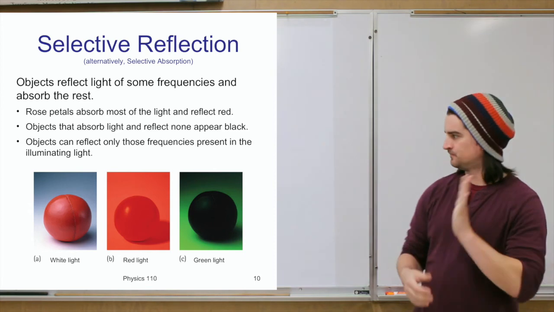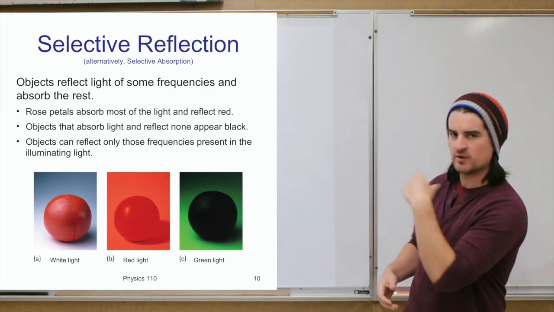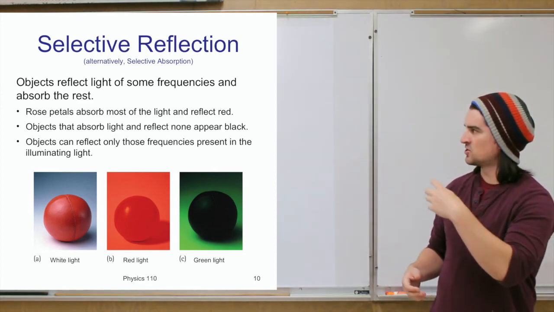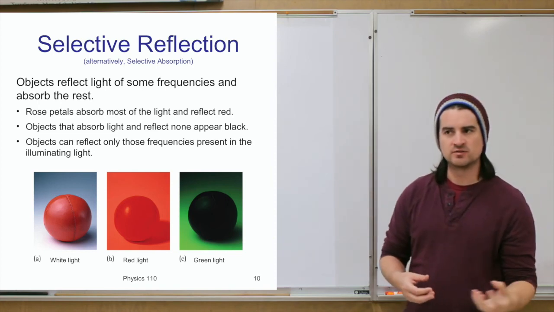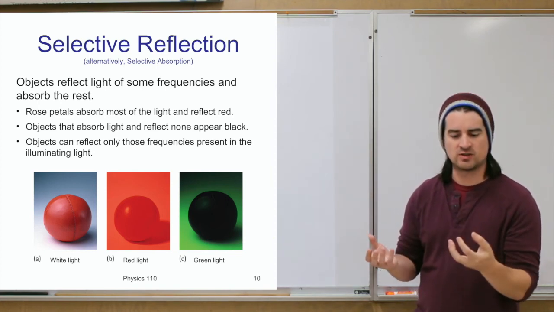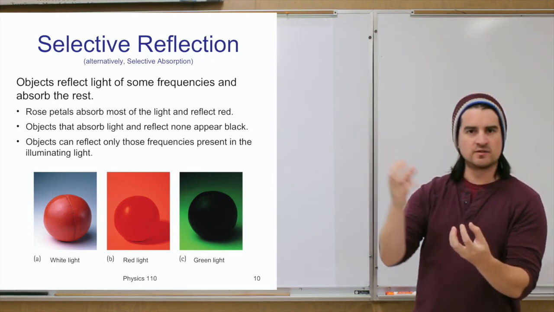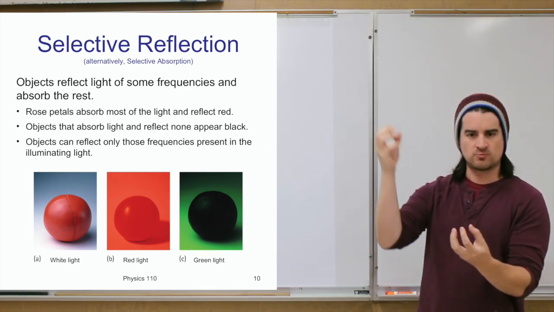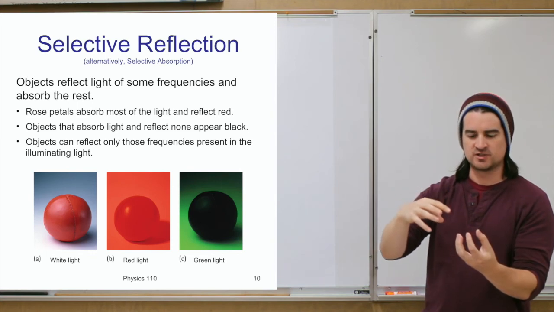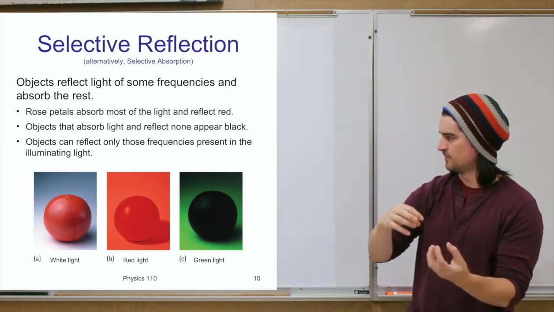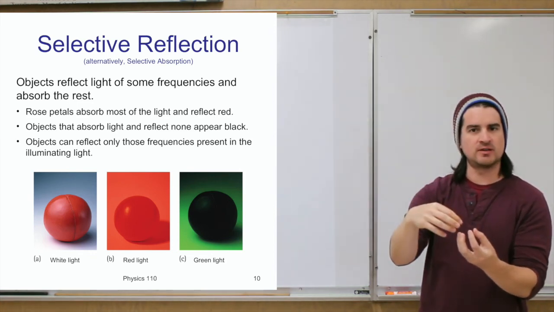As an example, if you have a red ball, what causes you to see it as a red ball is this: you shine white light, which is a combination of all the colors in the spectrum, on that red ball.